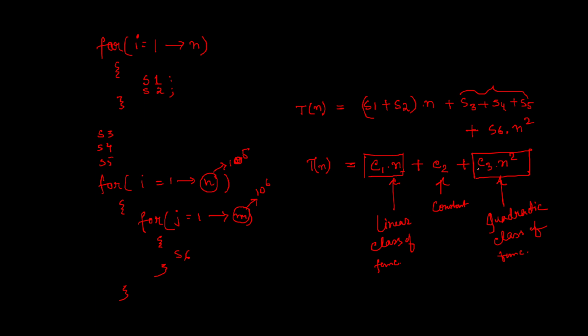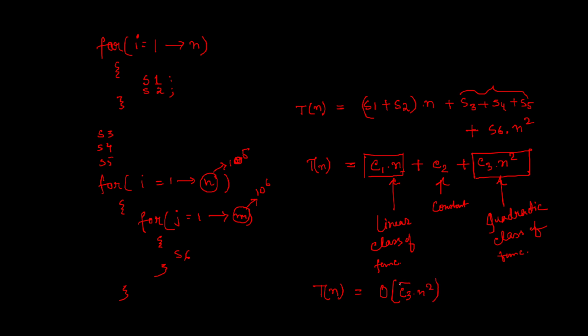So that's why we always consider in a function the term with a higher order. That is why we can say that this T(n) will follow a class of function that is C3 n square.